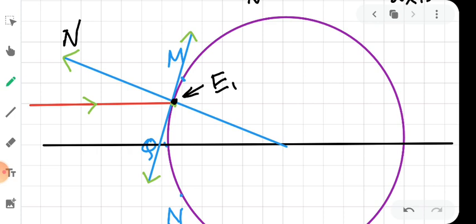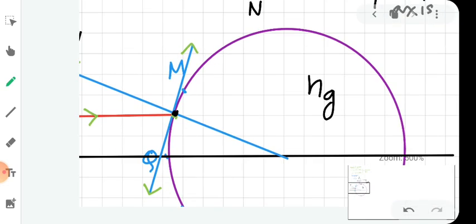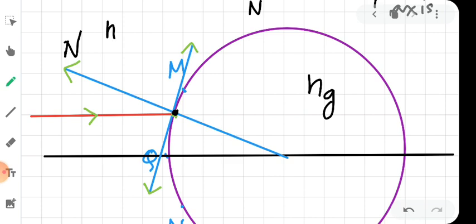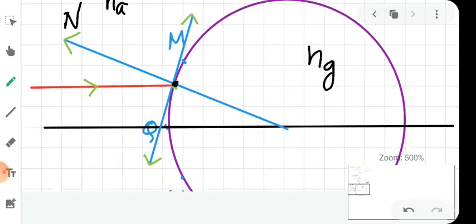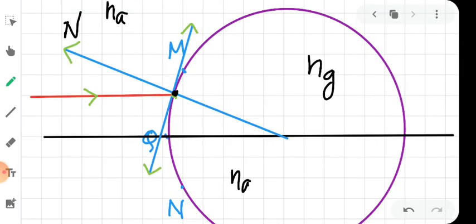Now at the point of incidence, the light ray that was incident gets transmitted into this medium. It's a glass material, so it has a refractive index, say I call it Ng, and the outside medium, which was air, has a refractive index N air. Now you know the refractive index of air is always less than the refractive index of glass.